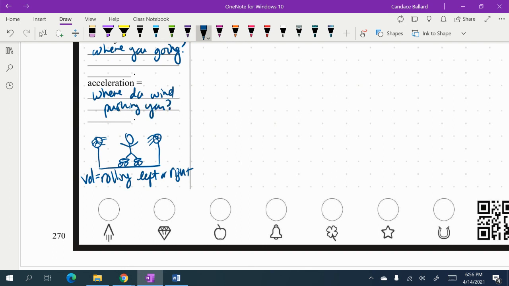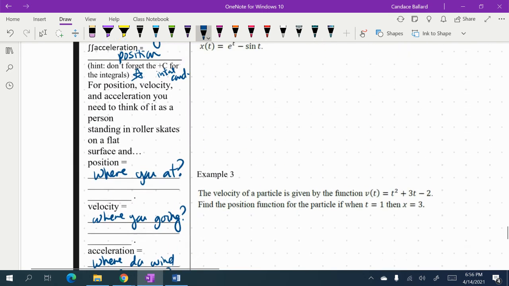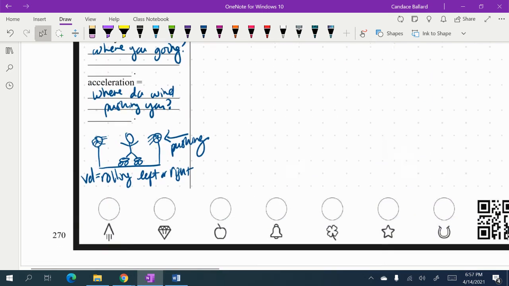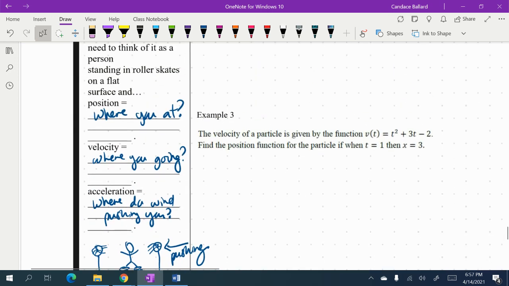That would be the fan. So where the fans are pushing the person on roller skates would be the acceleration. So this is the pushing there. All right, so we will use those items as we go and explain problems.